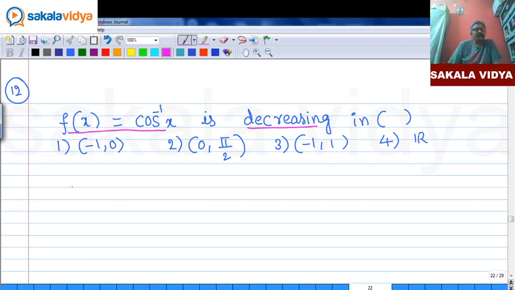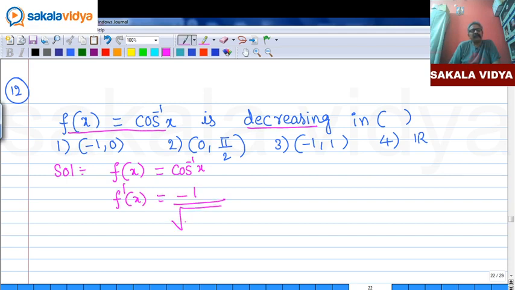Okay. So, now the solution, f of x equals cos inverse x, differentiate it, f dash x equals minus 1 by root of 1 minus x square. For decreasing, f dash x is less than 0.